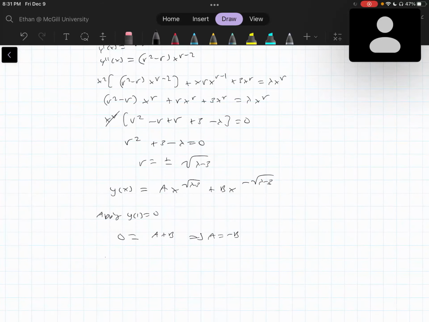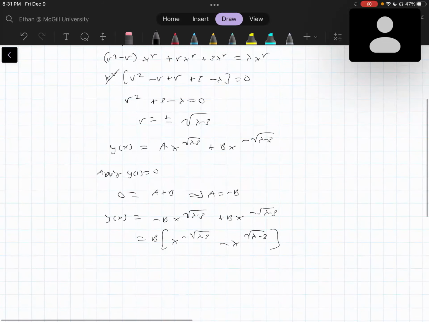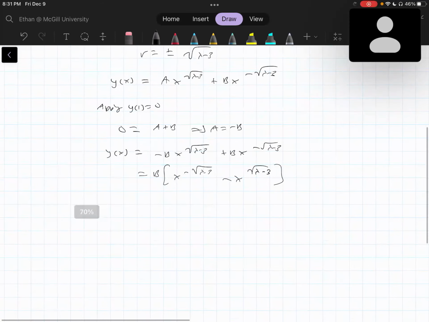Now, using that, we can write y of x as negative b x to the power of the square root, and factoring out b, it's going to be written as follows. Okay, now applying our second condition, which is that y of 2 is equal to 0.